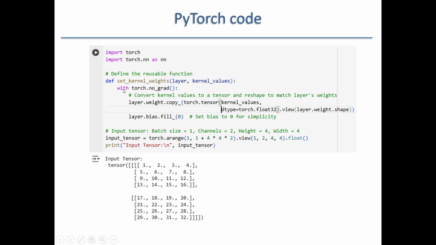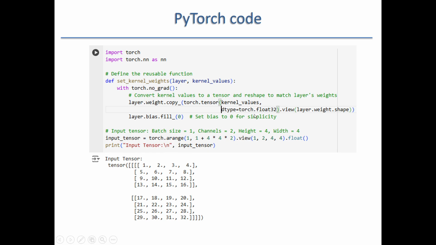Here we are saying there is a layer, this layer has some weights, and in these weights we will put the kernel values that you have given me. You have to interpret them as a tensor because this weight is a tensor, so they need to have the appropriate data type, and we are using the weight shape to reshape this kernel weight.